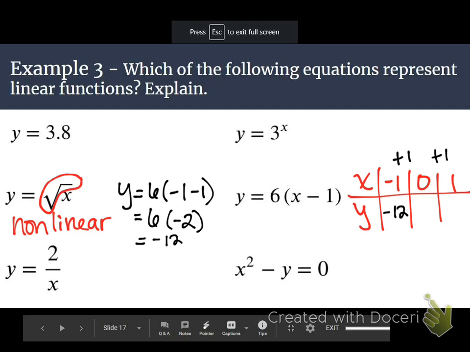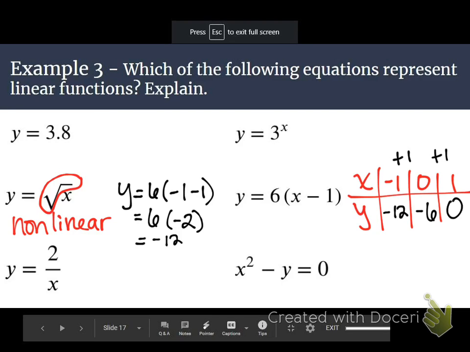Okay, then I plug in a 0. 0 minus 1 is -1. Times 6 is -6. What about when I plug in a 1? 1 minus 1 is 0. 0 times 6 is 0.